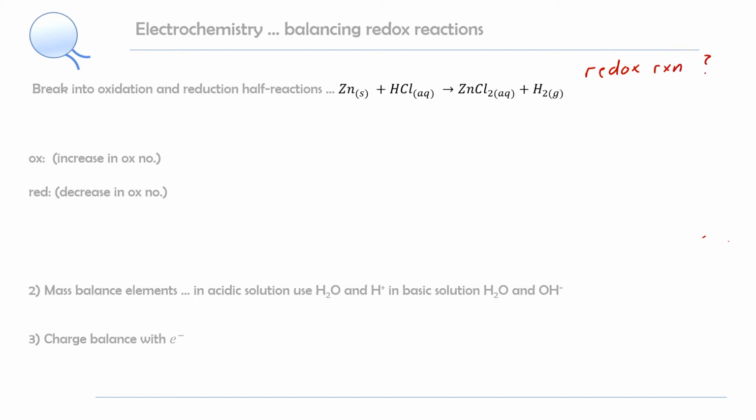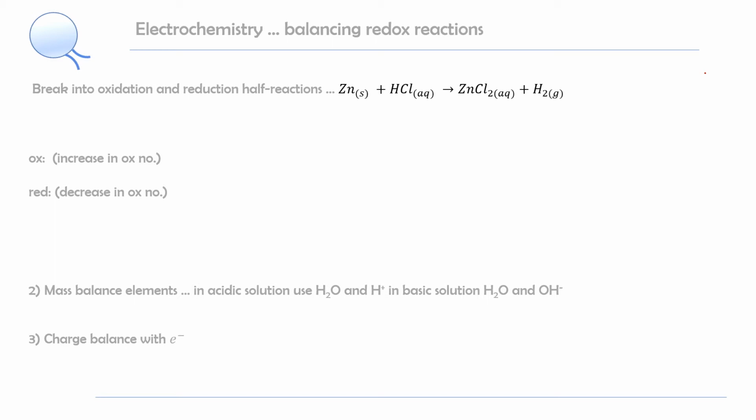If it is, is it balanced? If it's not balanced, we want to balance it. The only way we can know for sure if something is a redox reaction is to go in and assign oxidation numbers. So we've got to go back and follow all the rules that we just learned.